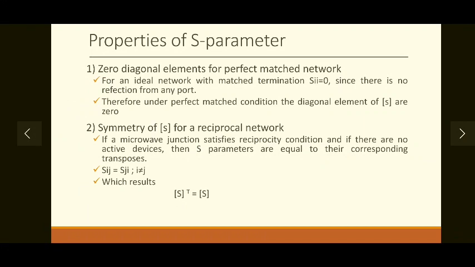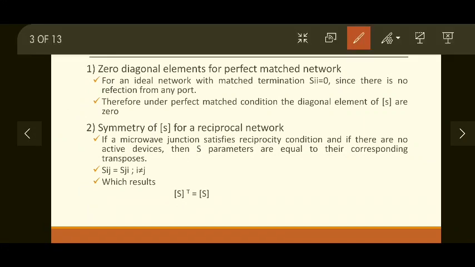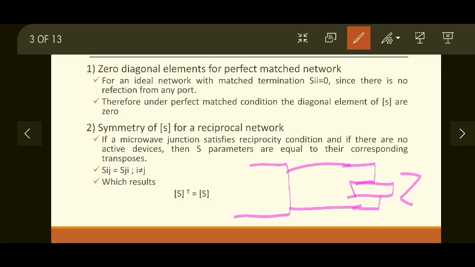So what is the first property of S parameters? For a perfectly matched network, diagonal elements are 0. So what is a perfectly matched network? Let's say this is port 2 of a two-port network. Here, if we apply a load impedance, the value of this load impedance will be equal to the characteristic impedance of the network, that is Z0.